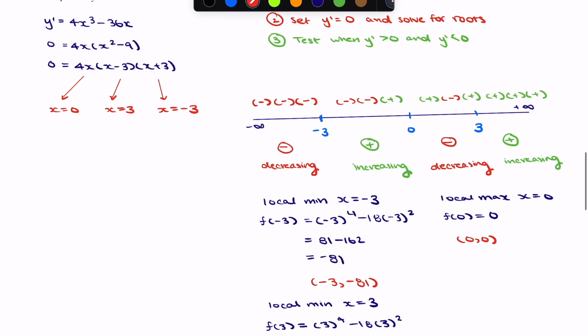So here, if we look at our graph, it will decrease from -infinity to -3. At that point, it will increase to 0, at which point it will decrease again to 3, and then finally increase.